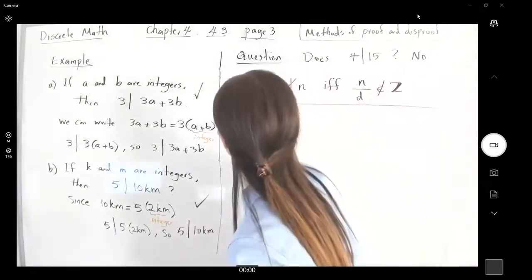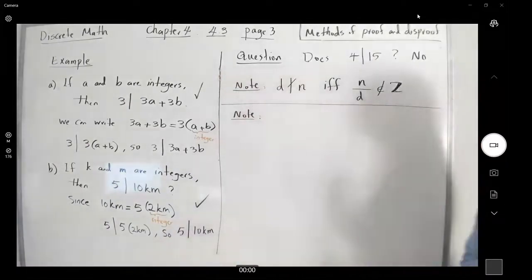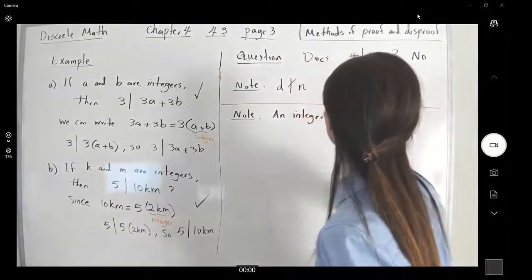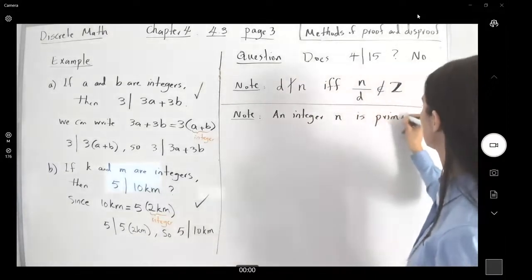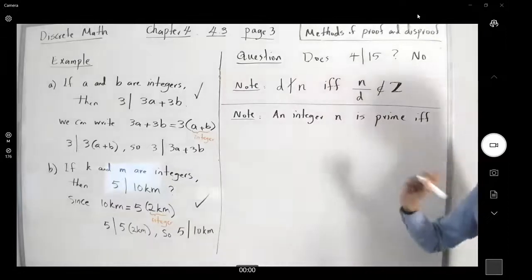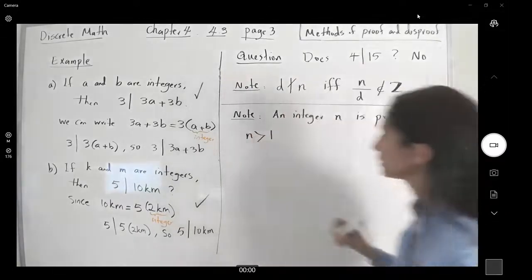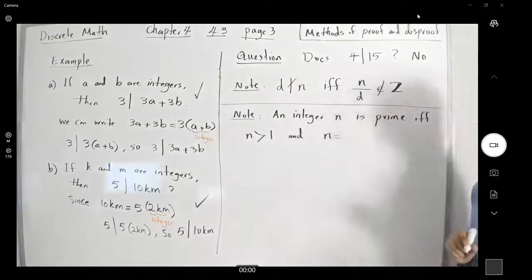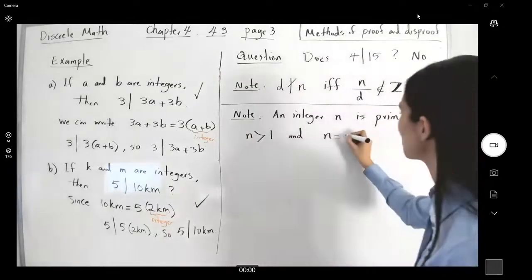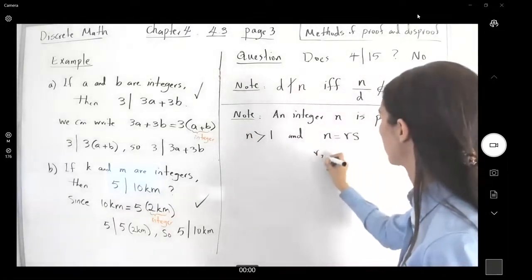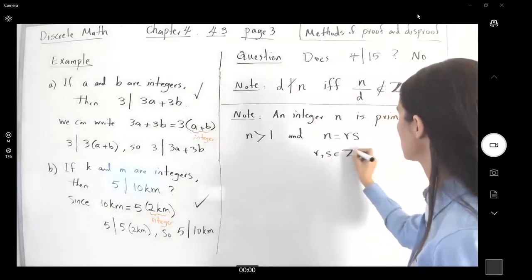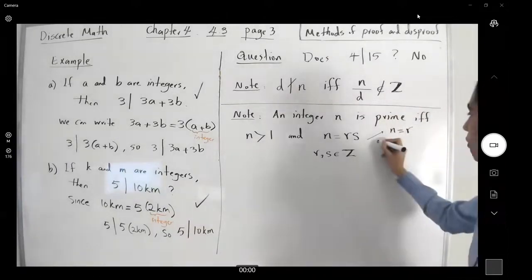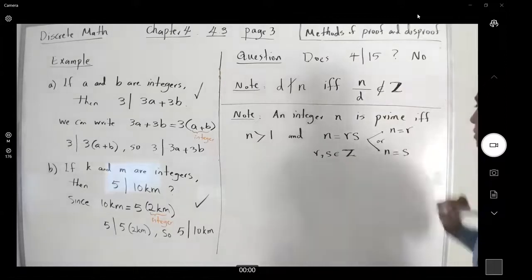Another note for you. We can define a prime number, an integer like n, is prime if and only if, first of all, that number must be greater than 1. And if n can be written as the product of 2 other integers, like r and s, then we have n equals r or n is equal to s.